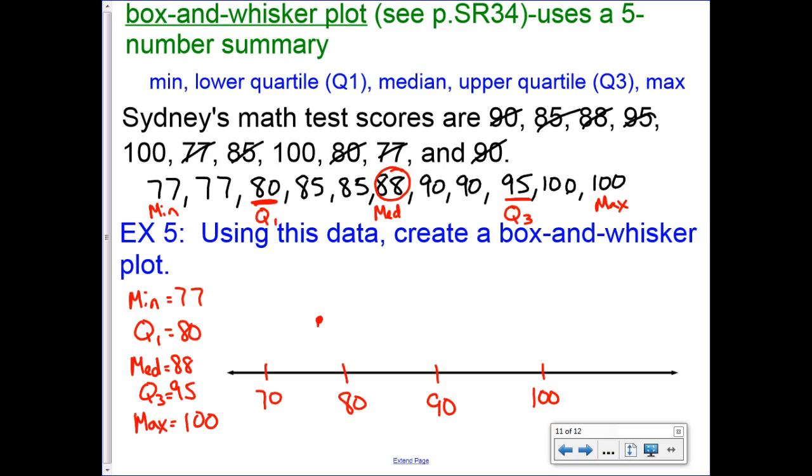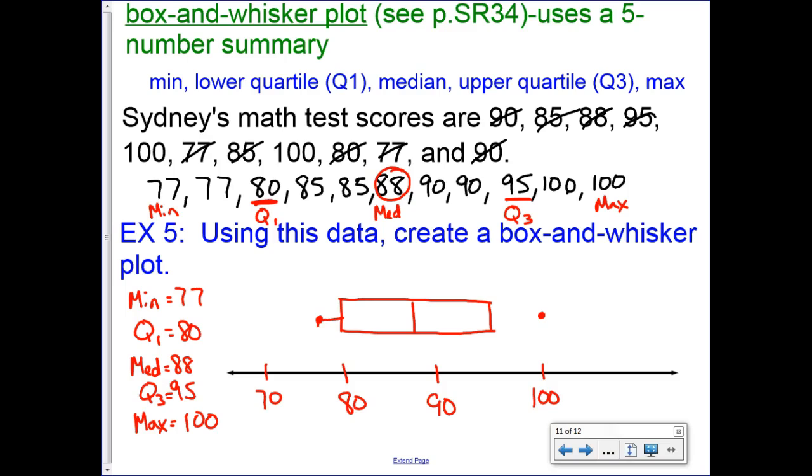I'm going to put a dot at 100. I'm going to put vertical lines at Q1, 80, median, 88, and Q3, 95. Those lines form the box part of the box and whisker.